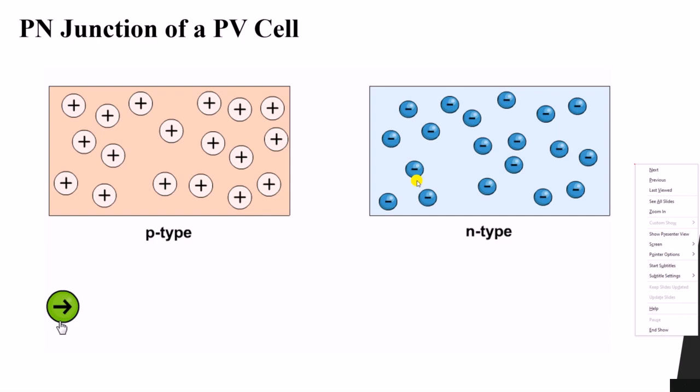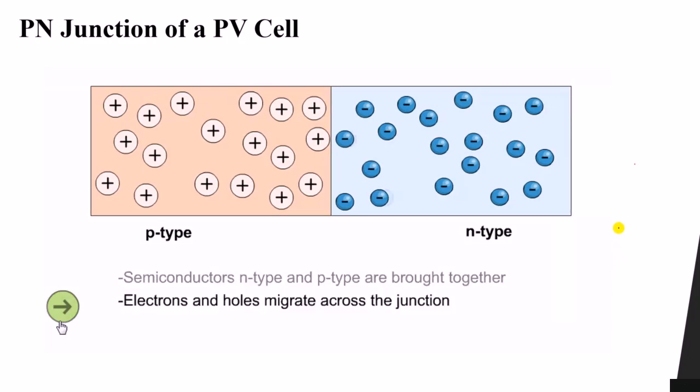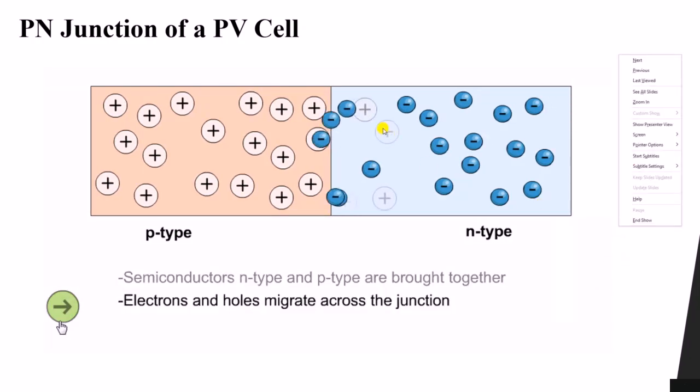Now when we add these two layers together like this, what will happen? Since we have positive holes here and negative electrons there, what will happen in this case?